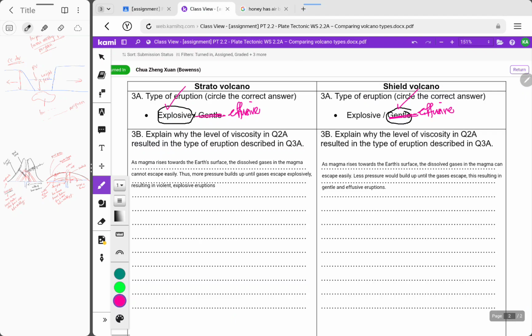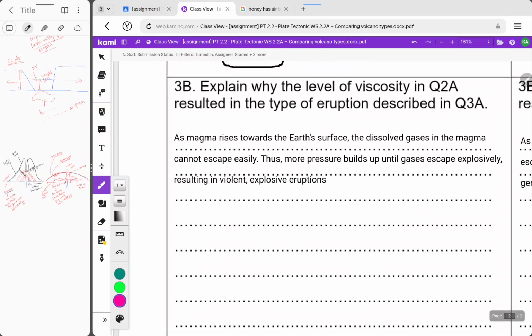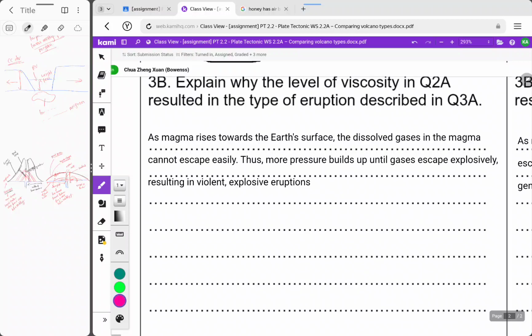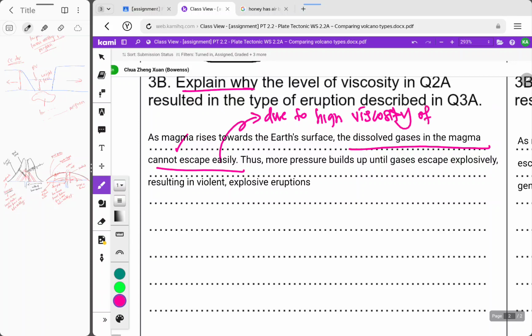And that matters. Because if you see here, the reason why a stratovolcano has such an explosive eruption is because the dissolved gas cannot escape easily. What I'm expecting to see here, because explain why, is dissolved gas due to high viscosity of lava. That's why it cannot escape.